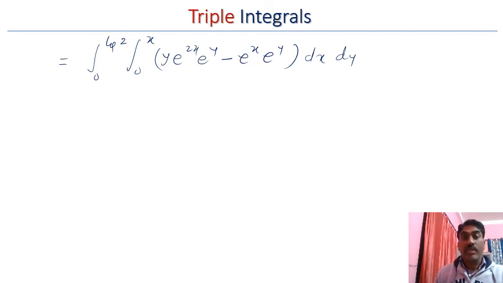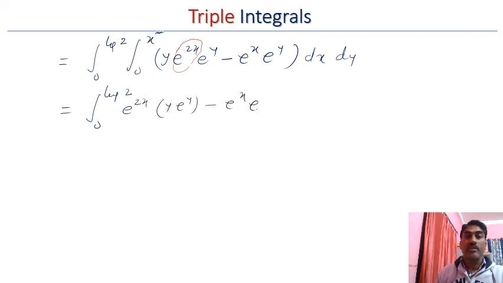Now see that the variable limit is x, so it is the limit of y, so we will integrate the y integral first. So integrate 0 to log 2 of y e to the power y, because e to the power x is constant during the integration with respect to y. Let me write once more: e to the power 2x times y e to the power y minus e to the power x e to the power y.